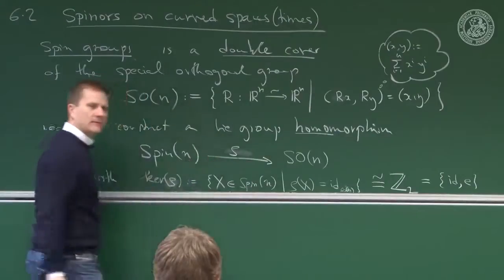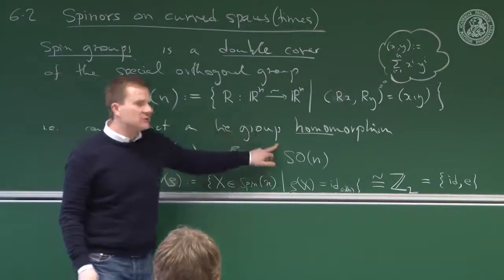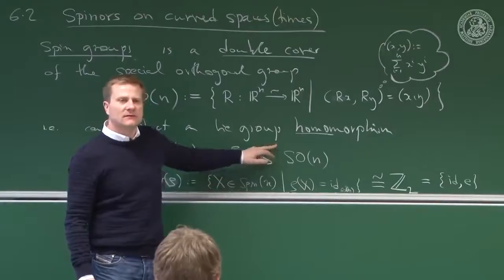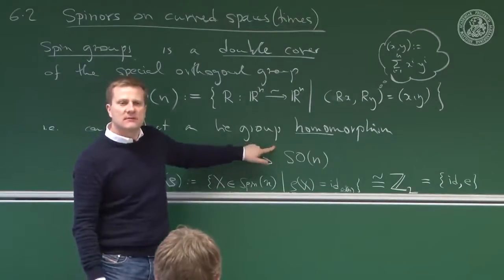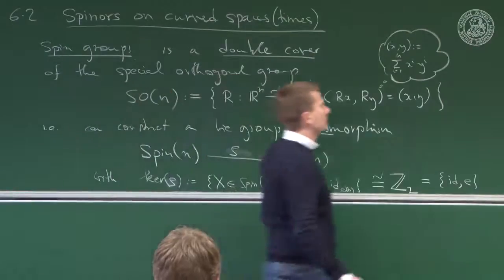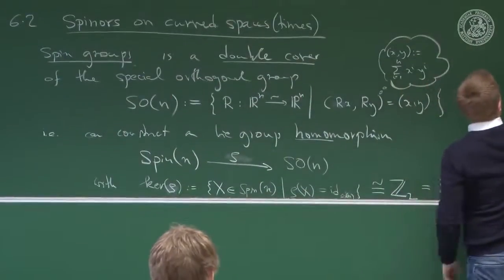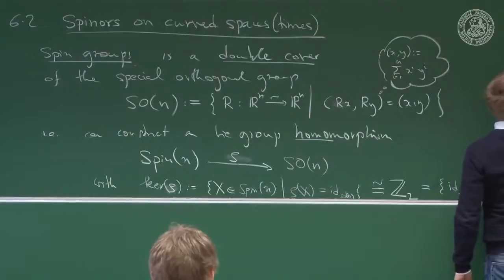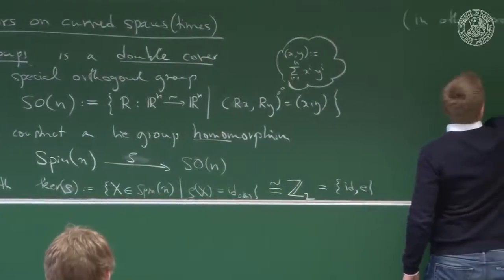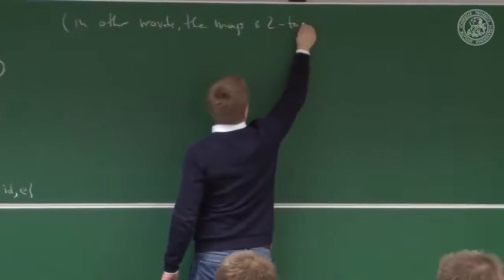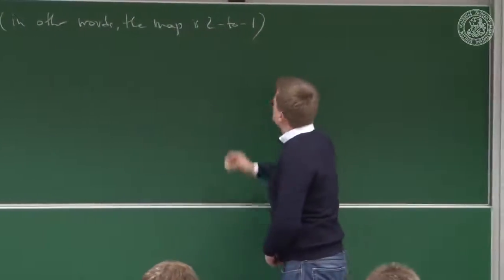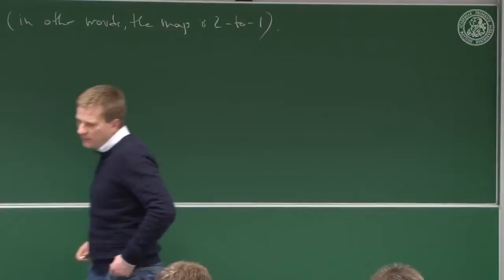There are two elements here that map to the same element over here, and there are always pairs that map to the same. So that's the spin group.